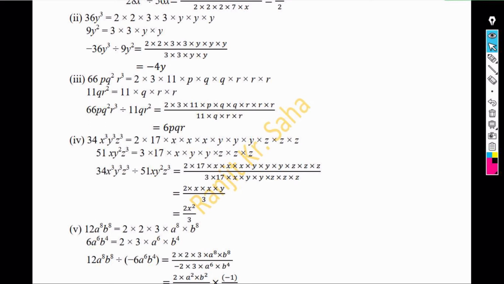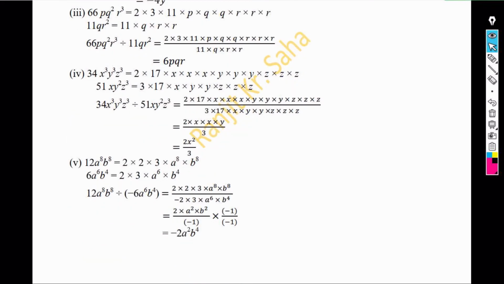Here let us see the fourth part. Fourth part is 34 x cube y cube z cube divided by 51 x y square z cube. The factors of the numerator are 2 into 17 into x into x into x into y into y into y into z into z into z, and the denominator is 3 into 17 into x into y into y into z into z into z.